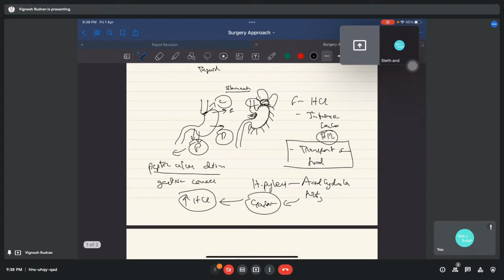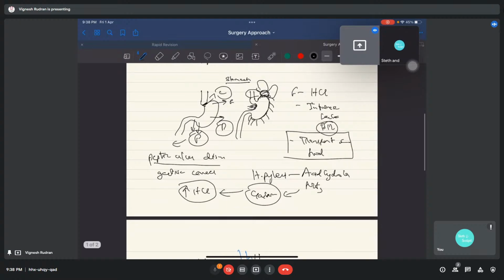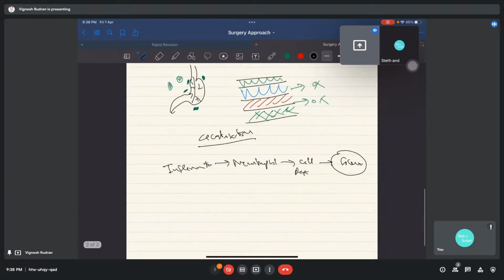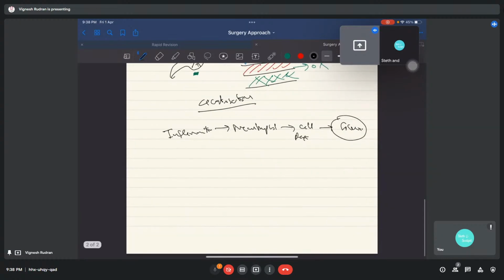So that is what I remember about the stomach. Other than that, if the lower esophageal sphincter is damaged, then you will have gastroesophageal reflux disease. In that, the esophageal squamous epithelium is converted into columnar epithelium. So what are the symptoms when it comes to the stomach?